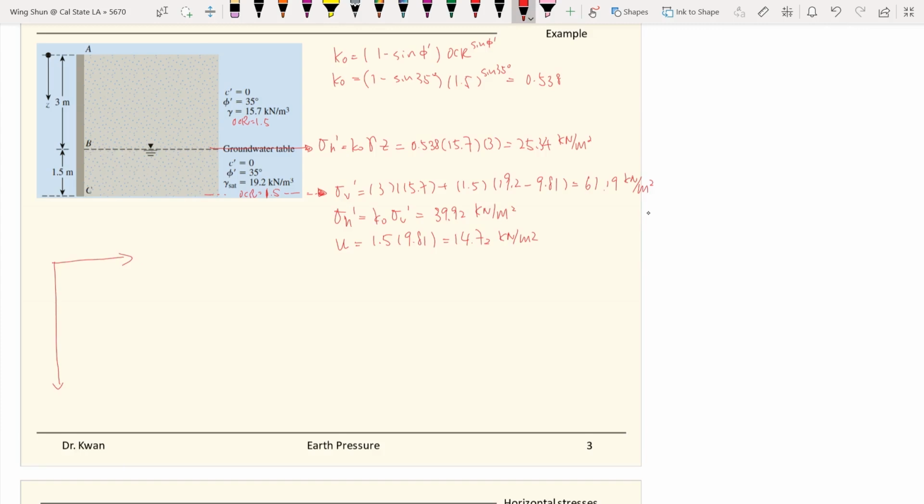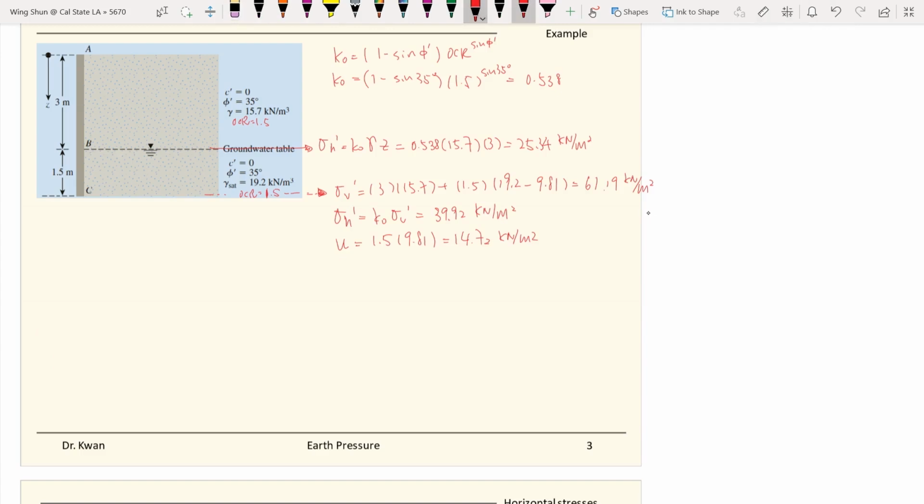First we have the 3 meters, and also we have the rest. Let me do it here.